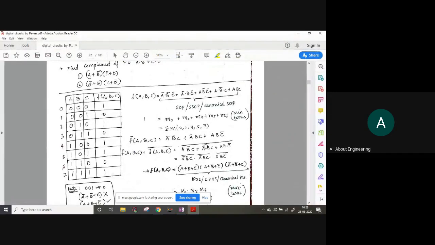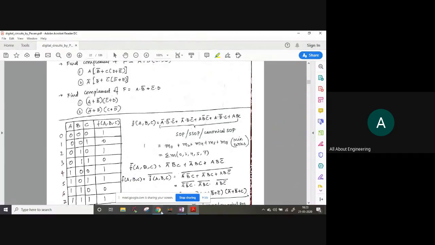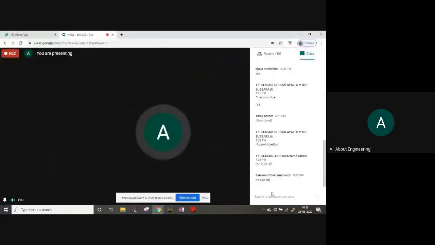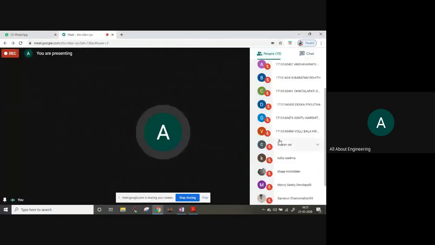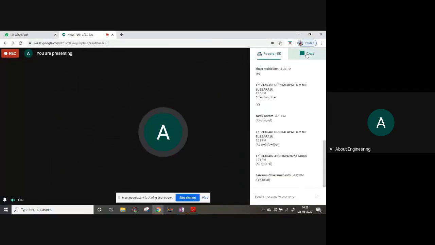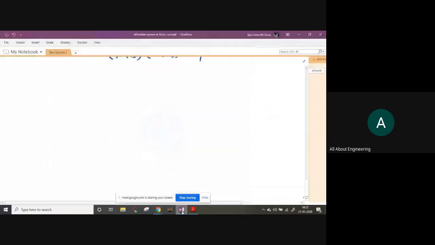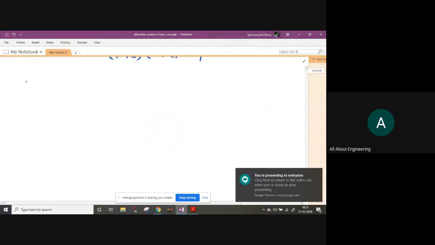Now we are going to enter into SOP and POS format. Before entering into that, let me poll a question for you, and I want every one of you to answer it. The question is, is the SOP of a function equal to the POS of a function?